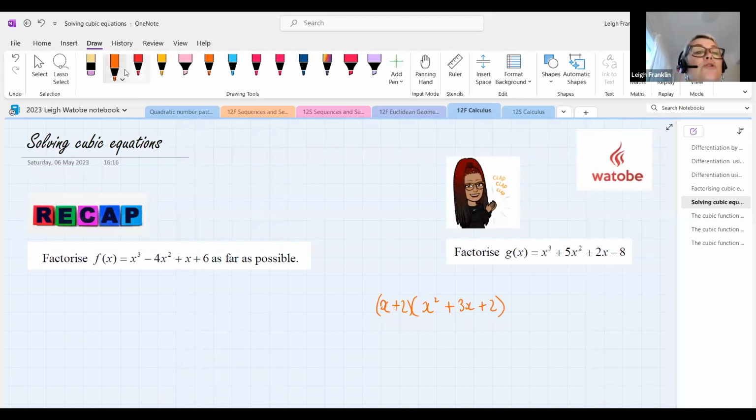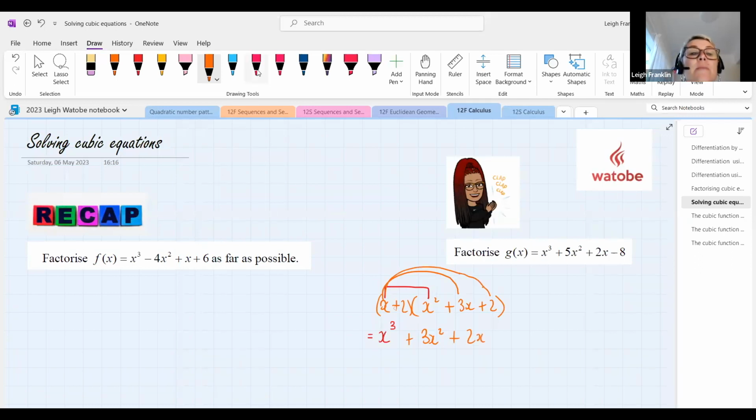When you multiply the first term in the first bracket with the first term in the second bracket, that's where you get your x cubed term from. And there are no other x cubed terms in our expression. Then we would have multiplied x with 3x, and that would have given us 3x squared. And then we would have multiplied x with 2, and that would have given us 2x.